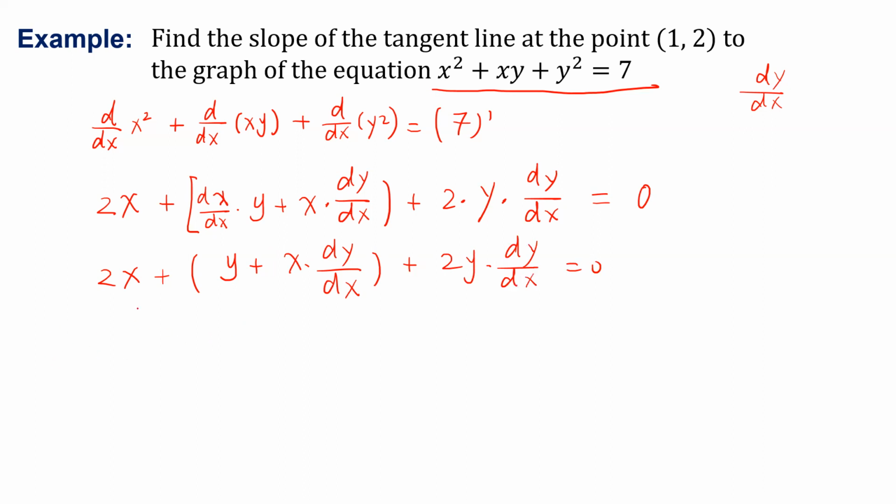Then let's combine all the similar terms. So 2x plus y plus x plus 2y times dy by dx. Remember, we want to solve for dy by dx, right? So we can move 2x plus y to the other side.